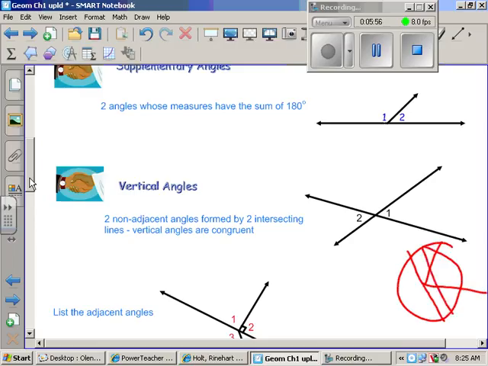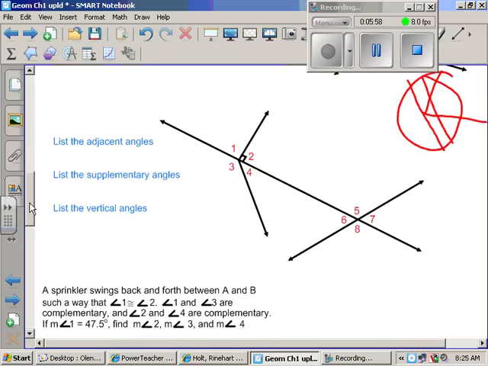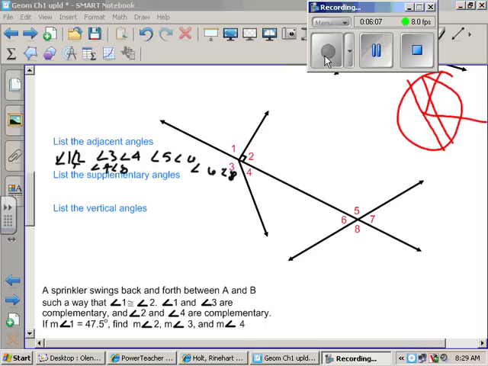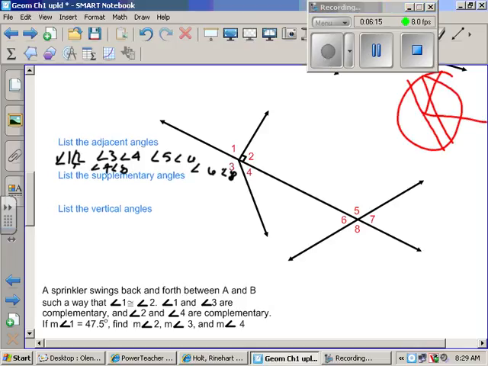All right. Let's just practice. I want you to list all the pairs of adjacent angles, all the pairs of supplementary angles, and all the pairs of vertical angles. 2 and 4, are those adjacent? Absolutely. So we've got 1 and 2, 2 and 4, 3 and 4.